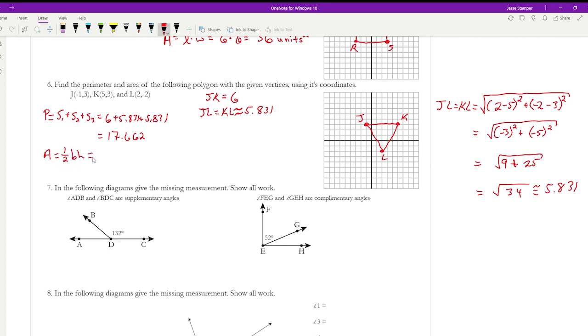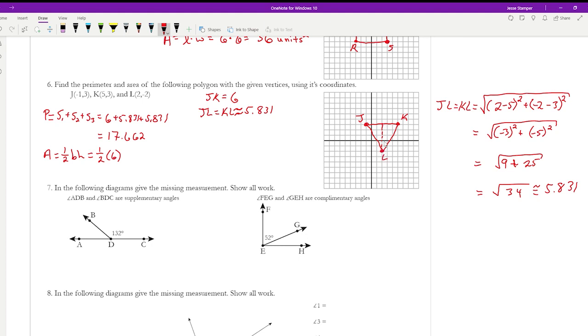For the area, I wrote up on the board that the area equation is 1/2 the base times the height. Now, here's the tricky part. 1/2, we're good. The base would be JK, and that's 6. However, the height is not JL or KL. That's the length of the sides. The height is actually this line right here, and that's only 5.